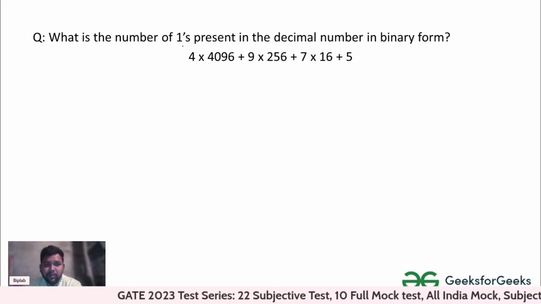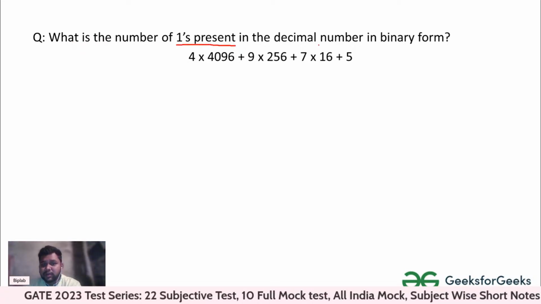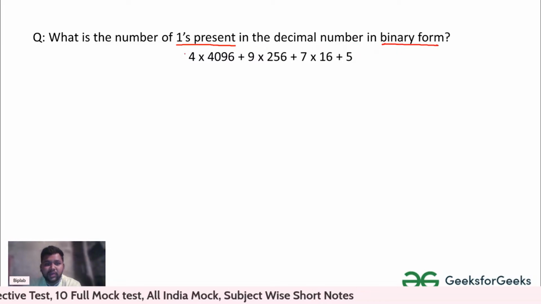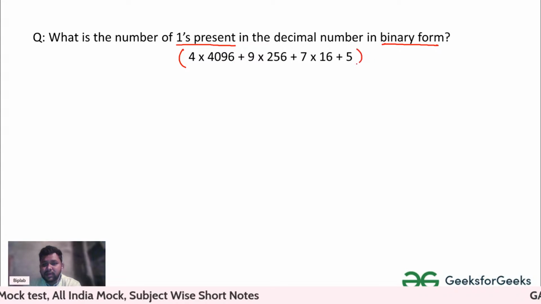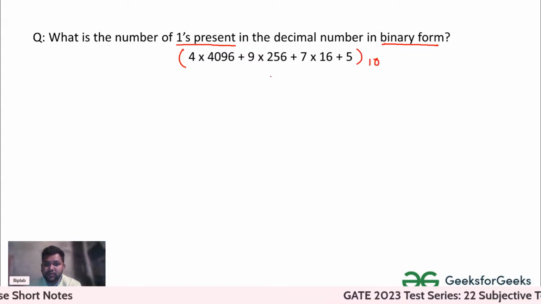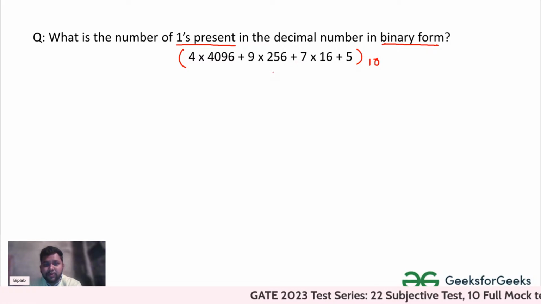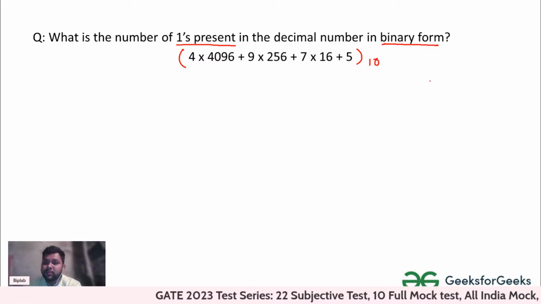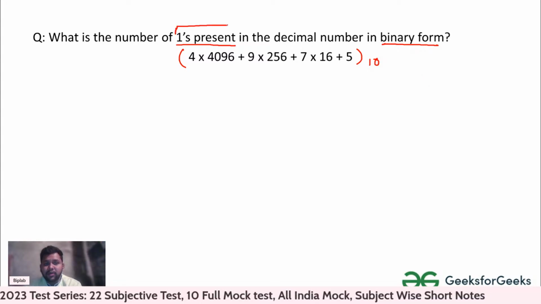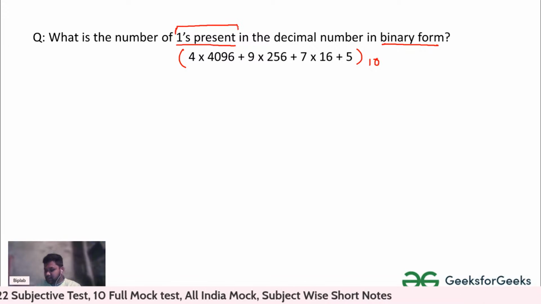What is the number of ones present in the binary form of the decimal number? You are given a decimal number. You have to convert this decimal number into a binary number and count the number of ones present there.